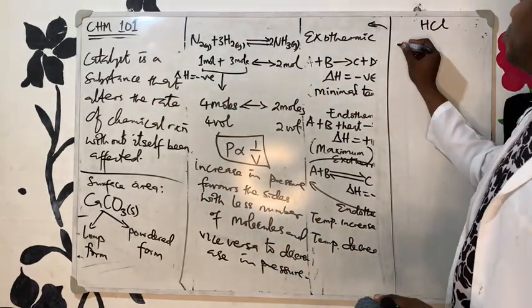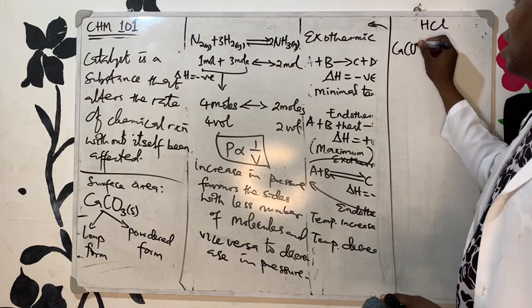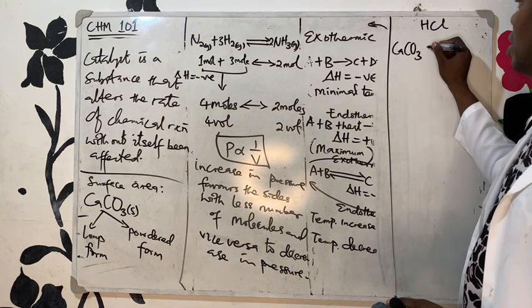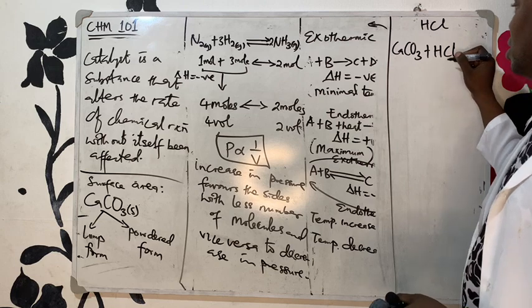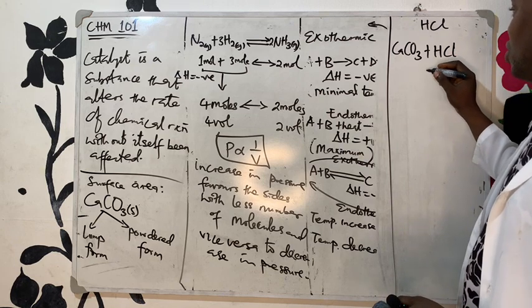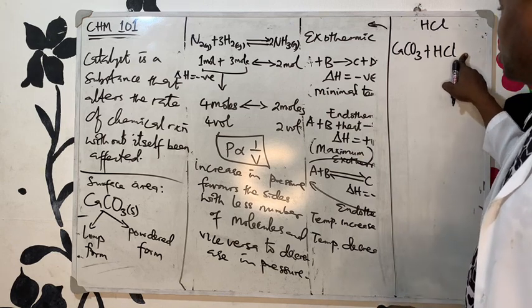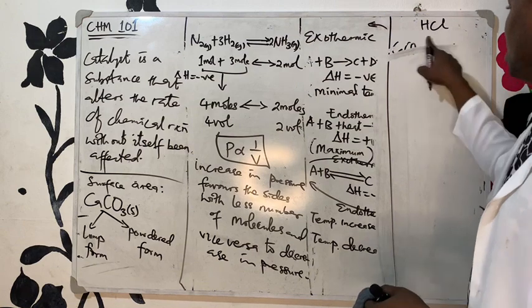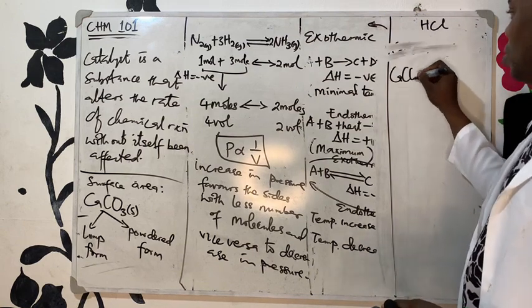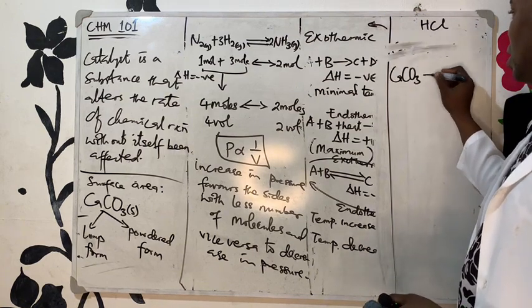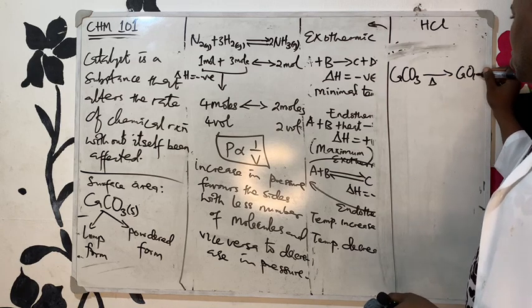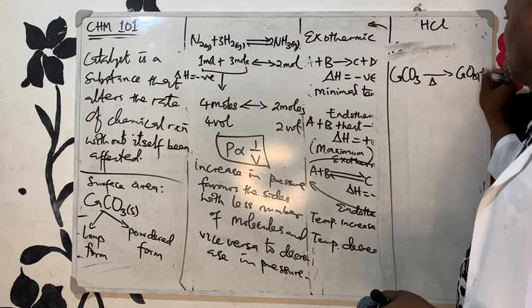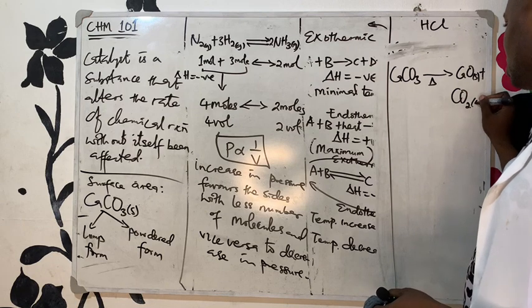Whether you are putting CaCO3 plus HCl, or you are just heating CaCO3, when you heat this, you get calcium oxide, a solid, plus CO2 gas. Let me put it this way.